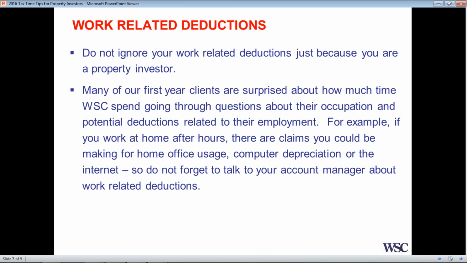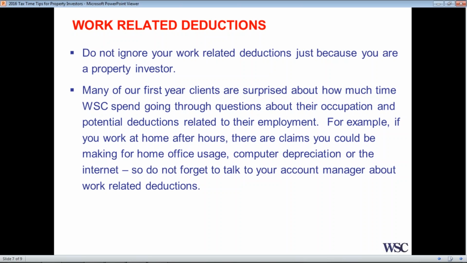All right, so a little bit on work-related deductions as well, because a lot of our work-related deductions can also be claimed, as well as property investment deductions. Many of our first-year clients are surprised at how much time WSC spend going through questions about their occupation and potential deductions.